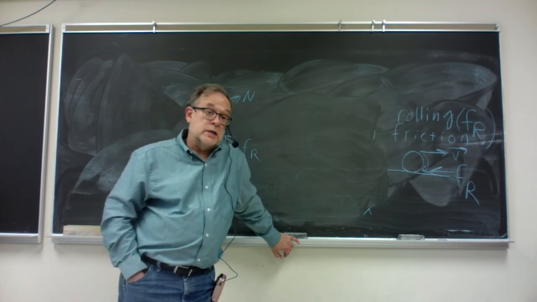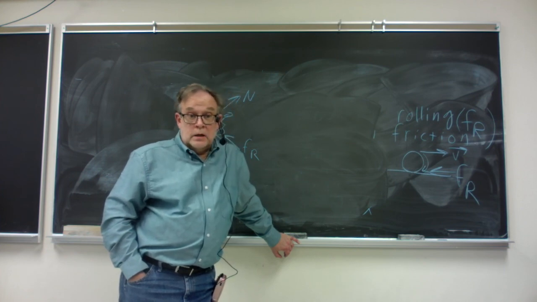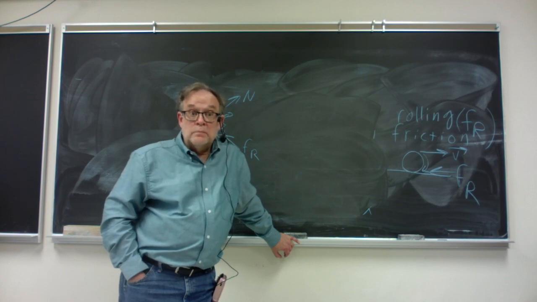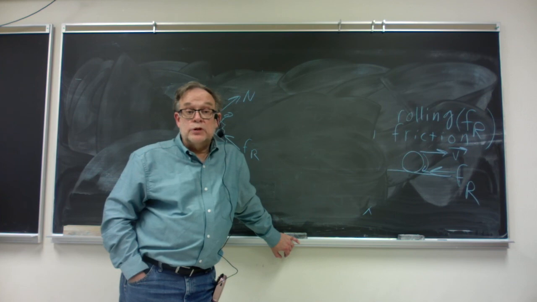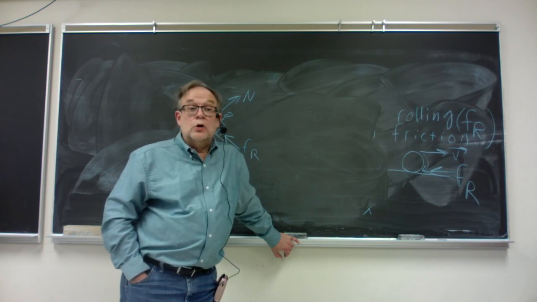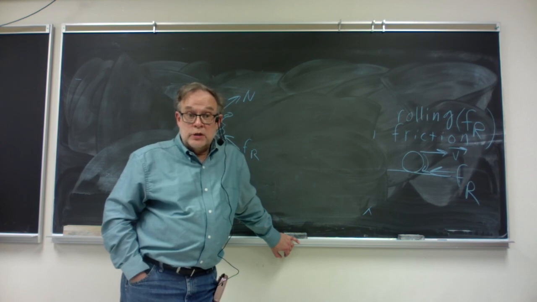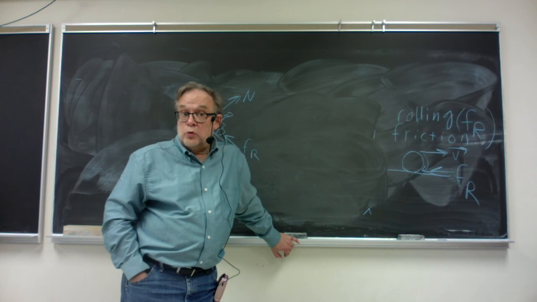Every force except weight is a contact force. Every force except weight comes from something that's in contact with the moving object. So look at all the things that are in contact with the moving object, and other than weight, that's where all the forces will come from.